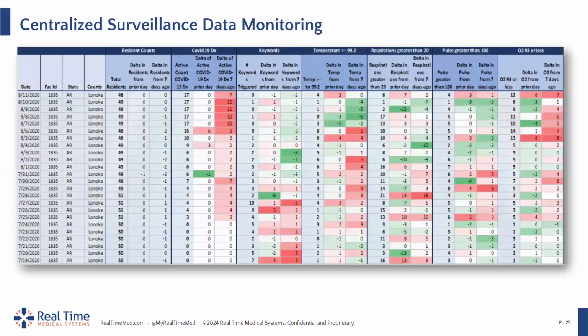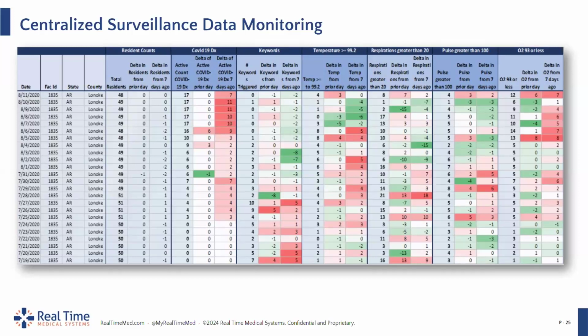I do want to be mindful of everyone's time. Centralized surveillance data monitoring. So this slide really looks like a hot mess, doesn't it? You kind of want to look at it initially and say, what the heck are you showing me? But this is where you want to look for some of those trending patterns and how I can see that daily surveillance.